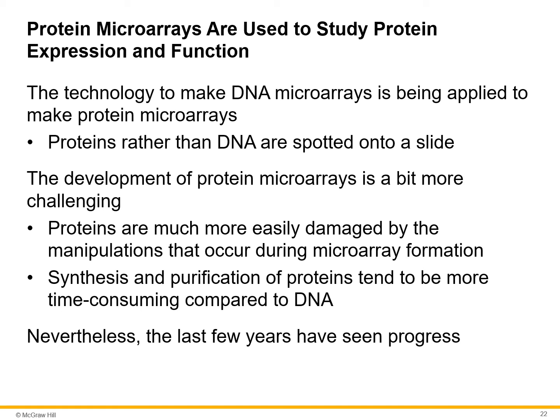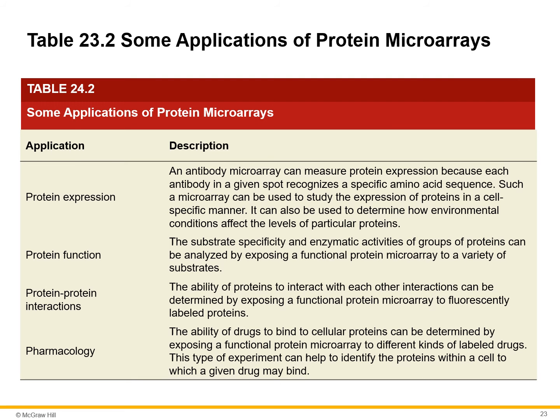And the purifying, like when you do a DNA electrophoresis, remember how you purify the DNA first by using different steps to remove other materials. It's harder to do that with proteins, so that methodology is still being worked out. But again, it would be used to look at different protein expression. These would be possible applications.